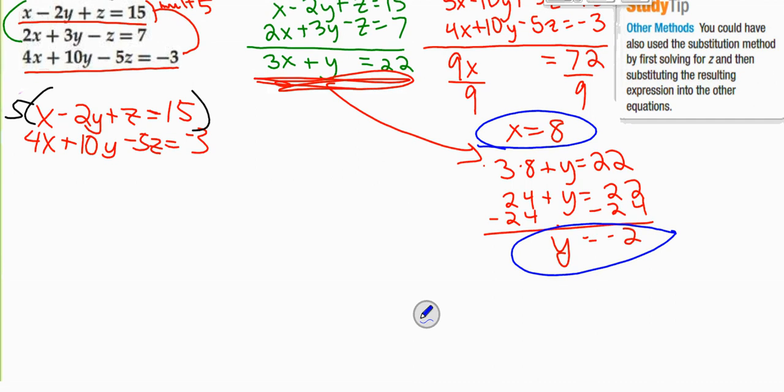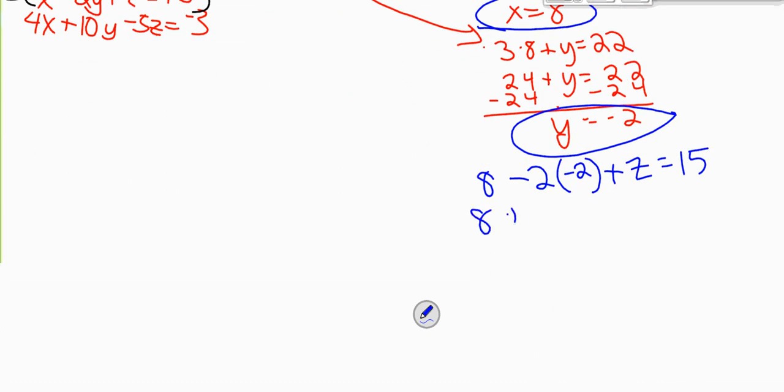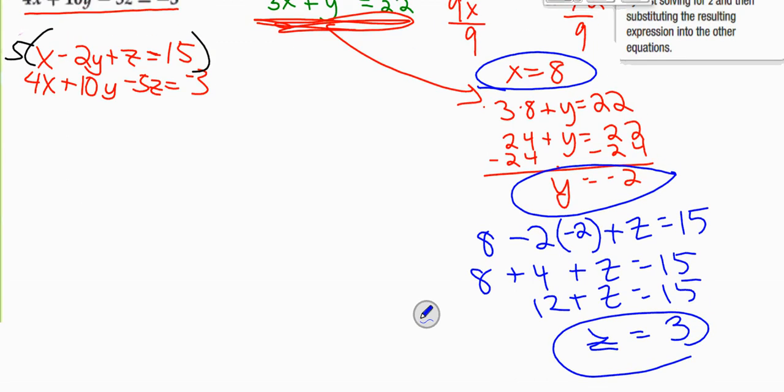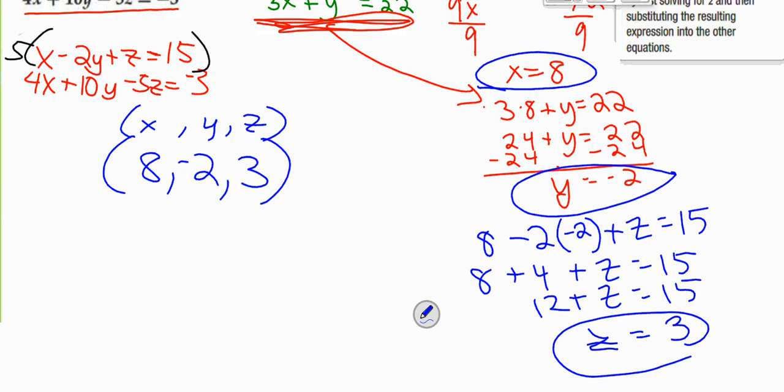Oh, 8, just a second, let me catch up. 2 times -2, let's just do it that way. So instead of getting an ordered pair, we get an ordered triple, 8, -2, and 3, x, y, and z.